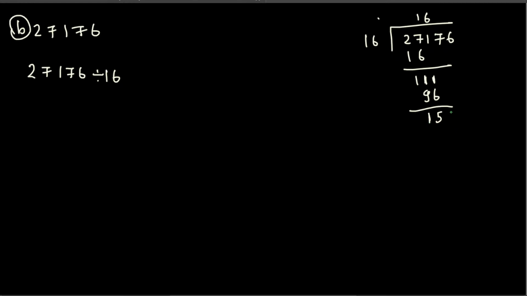Then I bring this 7 right here, so this is clearly 9. 16 times 9 is 144, then we have 13 left.